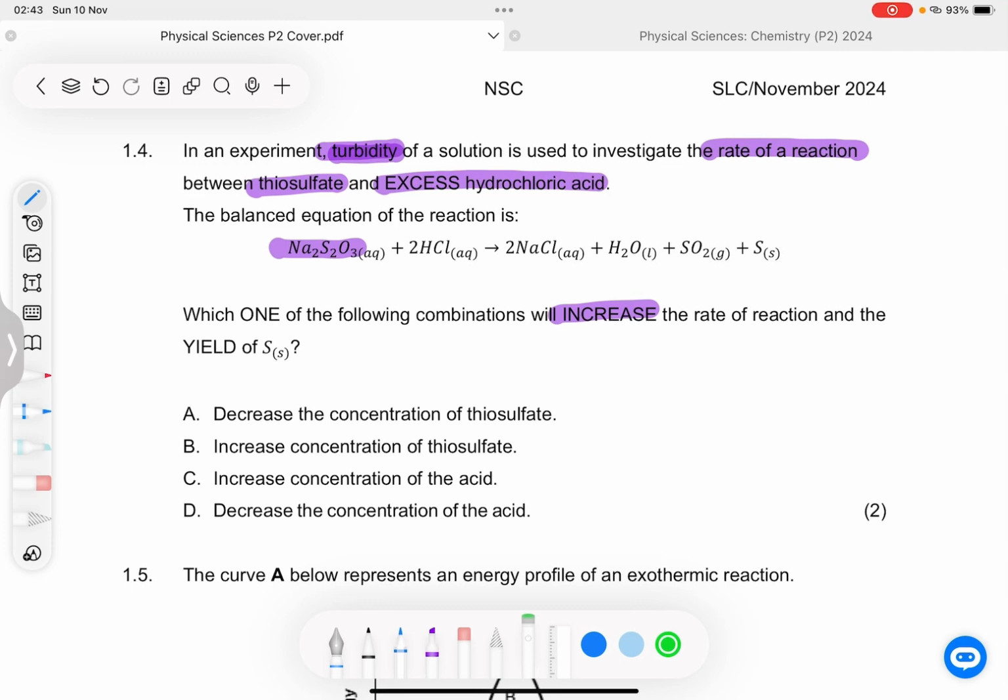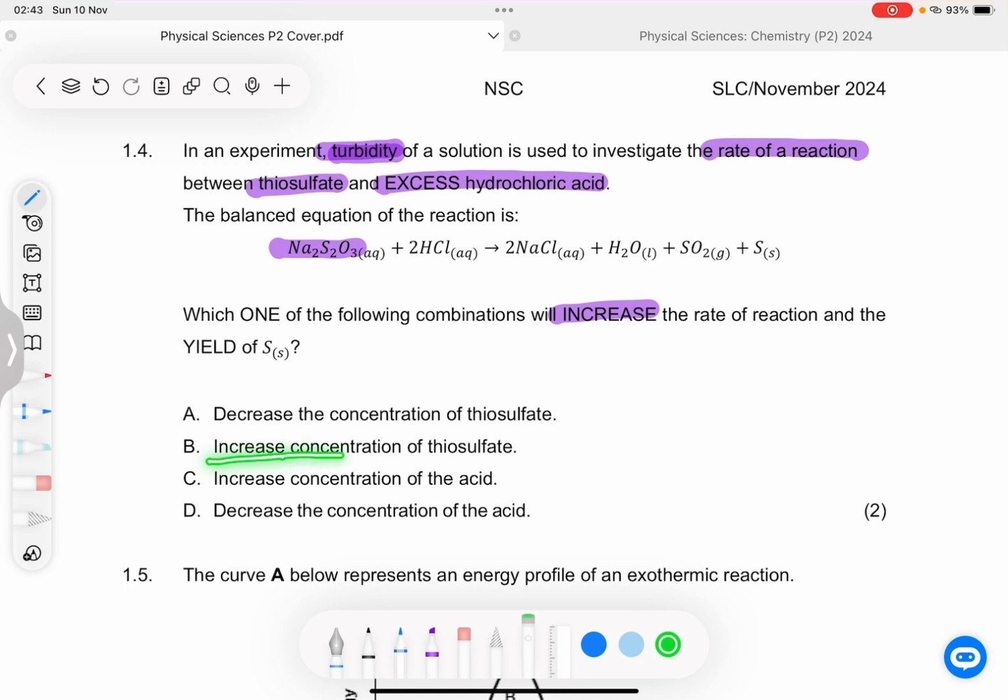Right, let's go through our options and see which one will give us those two things: rate of reaction being increased and also the yield being increased. They say here the decrease of concentration of thiosulfate. If we decrease thiosulfate, well, a decrease will make the reaction rate slow because remember, we can only increase the reaction rate by increasing the concentration. So this is out, it cannot help us.